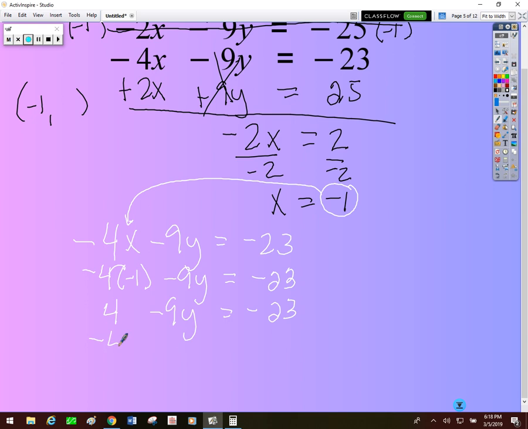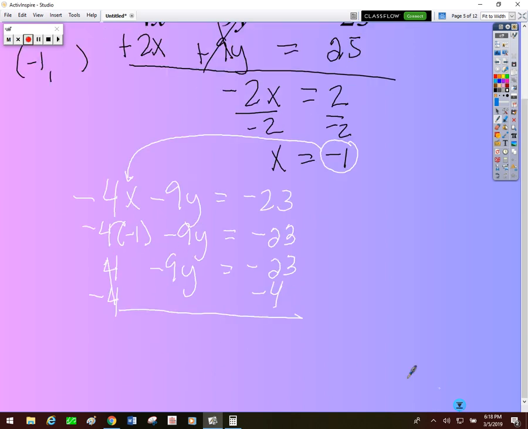So we're going to subtract 4 from both sides. This is going to go away, so I'm left with negative 9y is equal to negative 23 minus 4. Remember, same signs, you add them and keep the sign. All right, and then the last step, divide by negative 9, and y should give me 3.